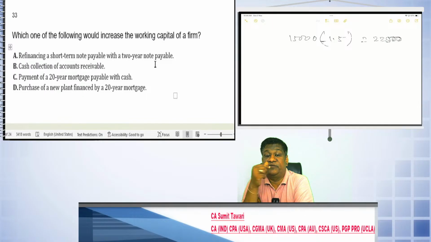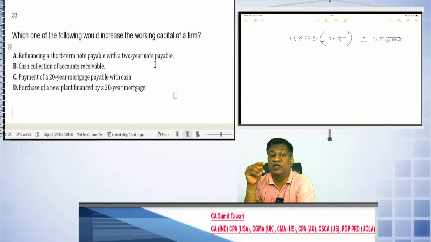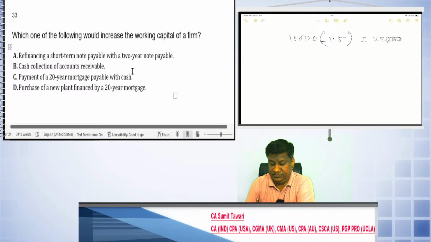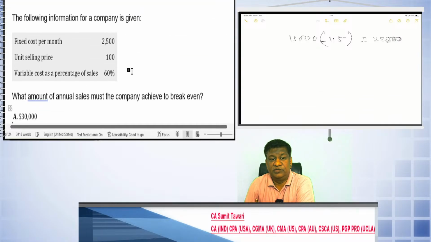So it will not impact working capital. Someone says A. Yeah, A is the right answer. Refinancing a short-term note payable with 2 years. So we are converting current liability to long-term liability. So current liability reduces the working capital, and because we are shifting from current liability to long-term liability, working capital increases. So A is the right answer. Question number 34.